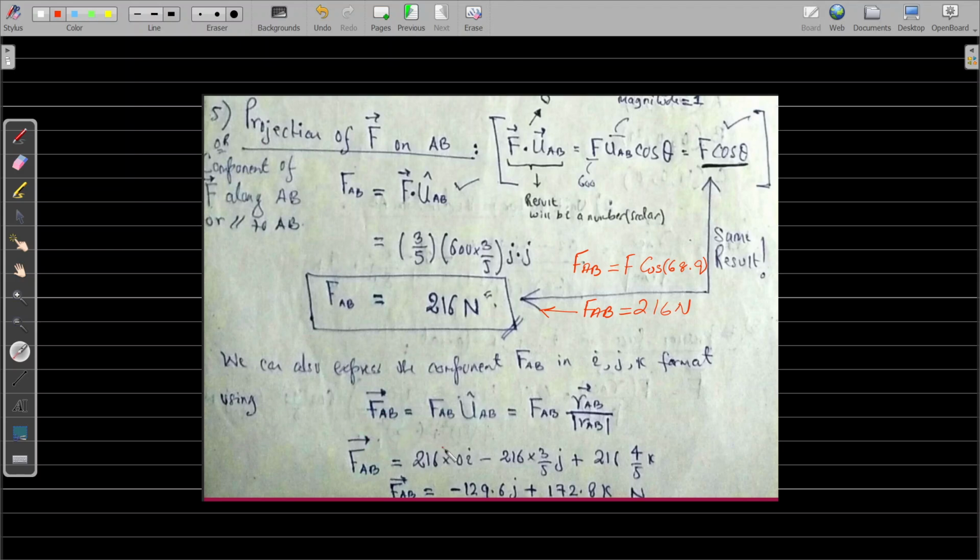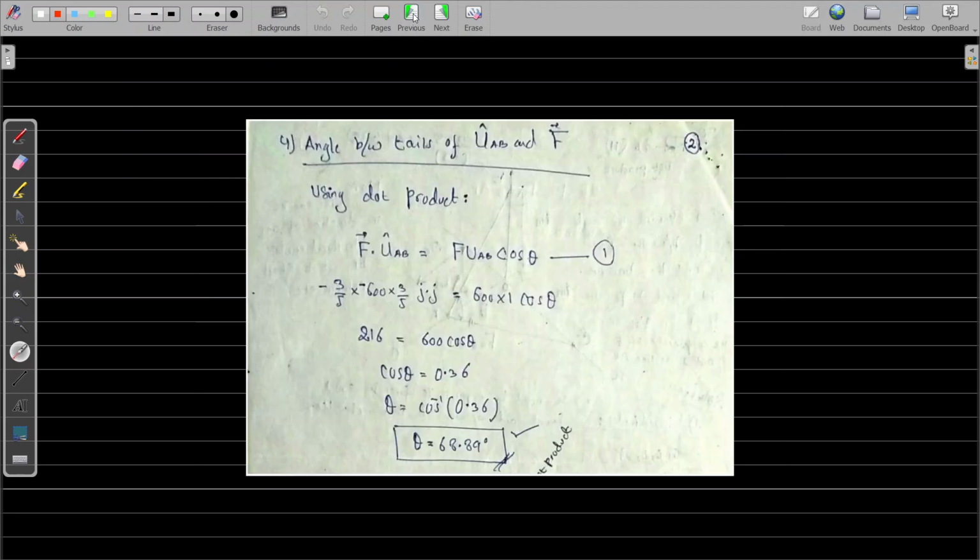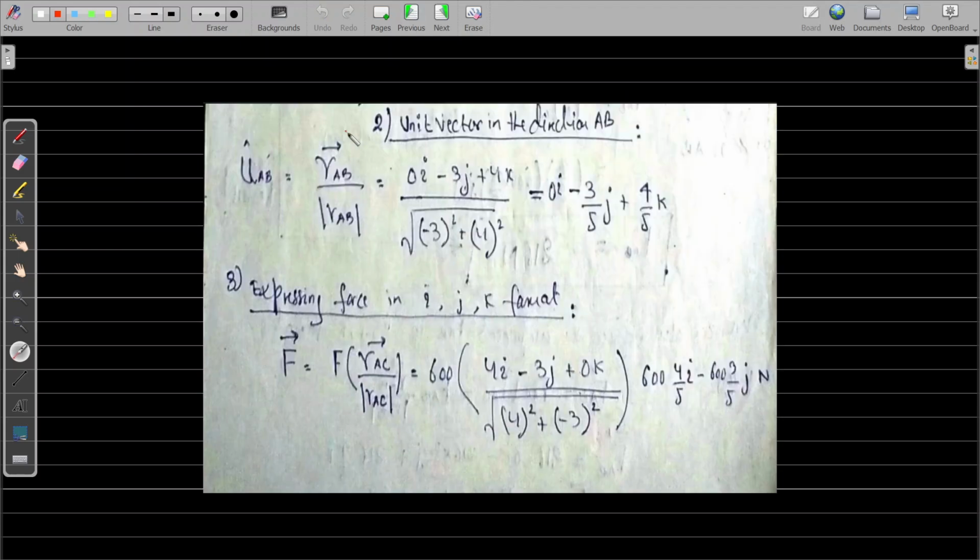Vector FAB will be equal to FAB mod into unit vector AB. But what is FAB mod? It is simple, 216. And what is UAB? UAB is nothing but RAB upon RAB mod. And remember, we have already calculated RAB upon RAB mod as 0i minus 3 upon 5 j plus 4 upon 5 k.